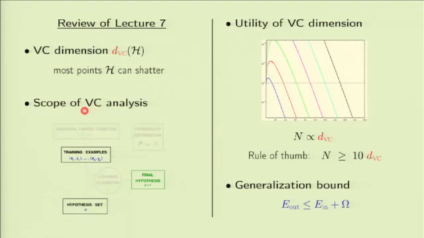So one of the important aspects of the VC analysis is the scope. The VC inequality and the generalization bound that corresponds to it describe the generalization ability of the final hypothesis you're going to pick. And it describes that in terms of the VC dimension of the hypothesis set and makes a statement that is true for all but delta of the data sets that you might get.